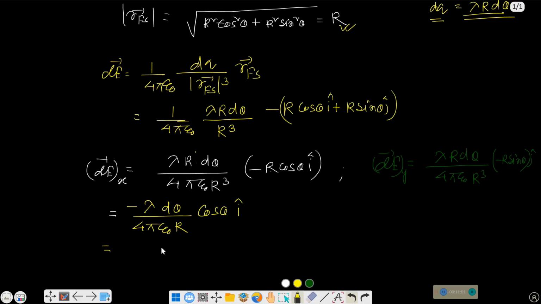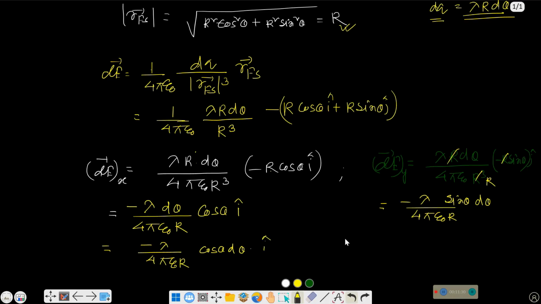So we can rewrite this as minus of lambda by 4 pi epsilon naught r, these are constant, now cos theta into d theta. Similarly on this side, again r will cancel and there will be an r, so the dEy component will be minus of lambda by 4 pi epsilon naught r into sine theta d theta. So this is your i cap and this is your j cap.